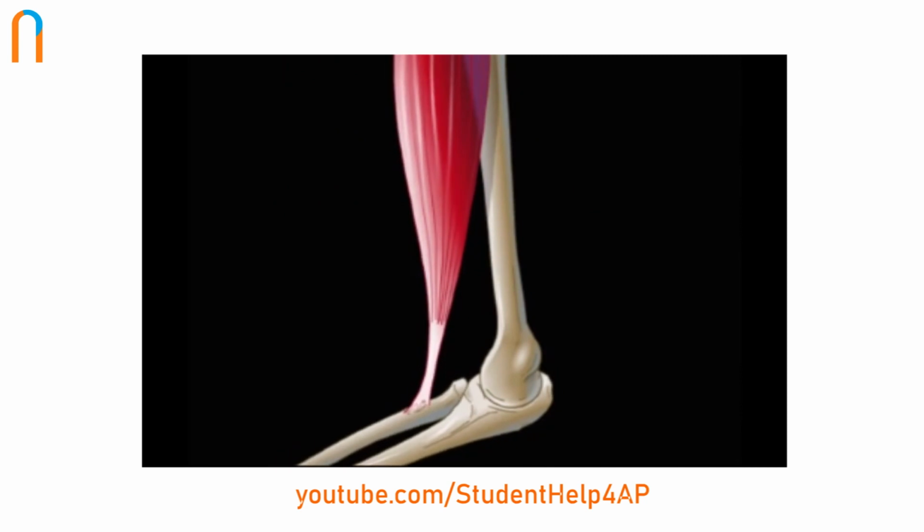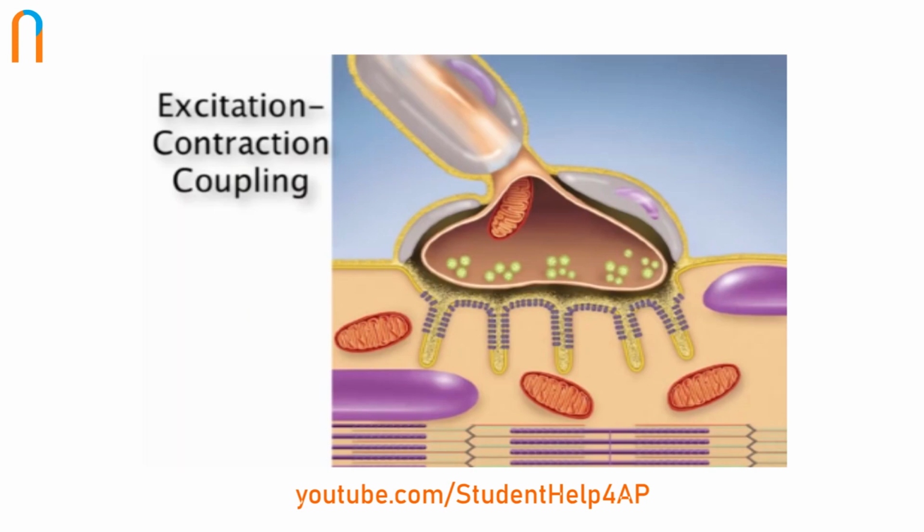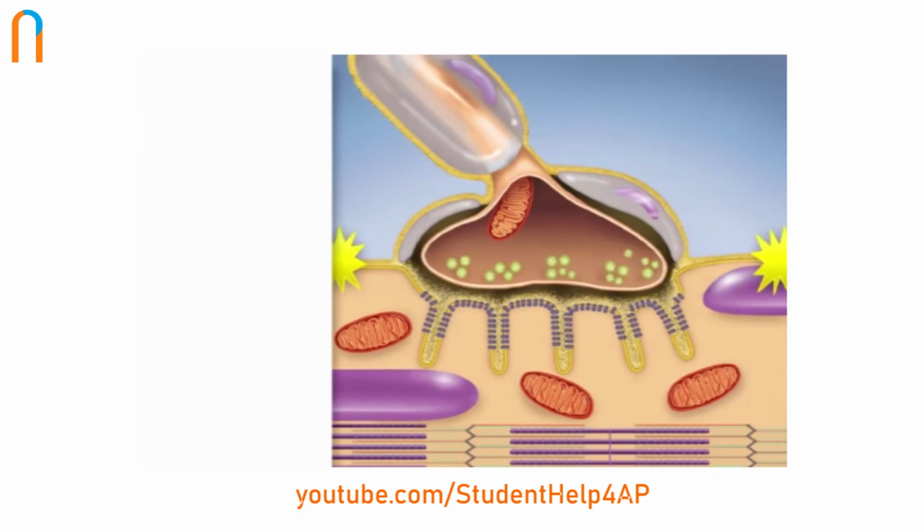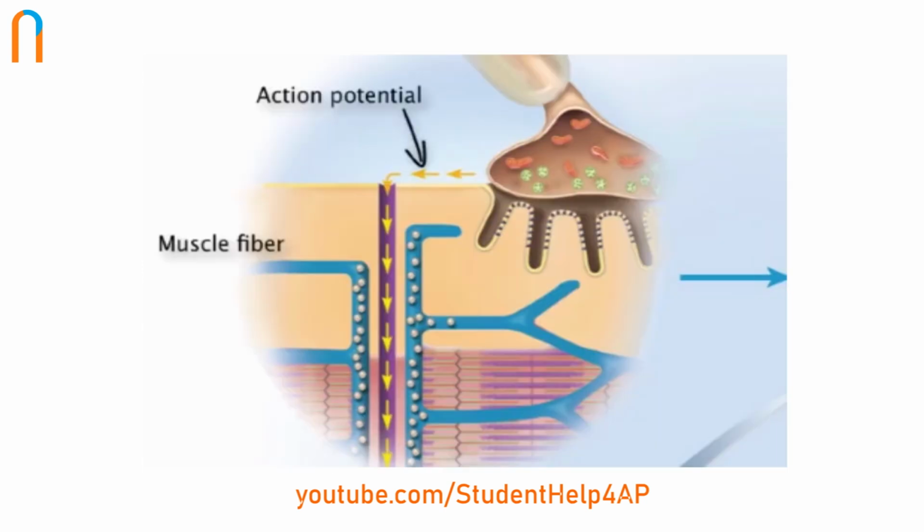A protein called phospholamban normally inhibits the sarcoplasmic reticulum calcium ATPase. When phospholamban is phosphorylated, it exerts less inhibition of the ATPase, so calcium uptake is enhanced.